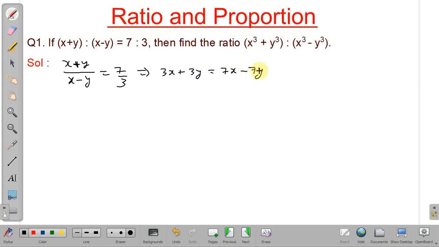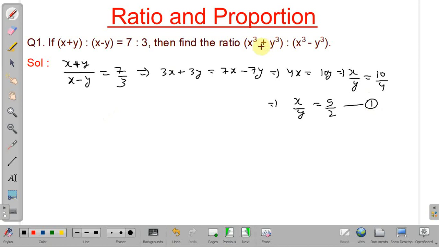From this we will get 7x minus 3x, or we can write 4x equal to 7y plus 3y, equal to 10y. So from here we can get x by y equal to 10 by 4, or it can be written as x by y equal to 5 by 2. Okay, this is our equation 1.